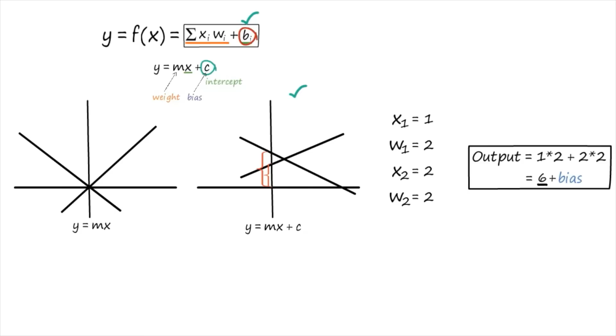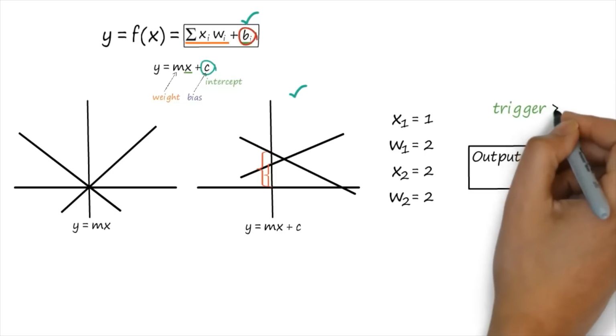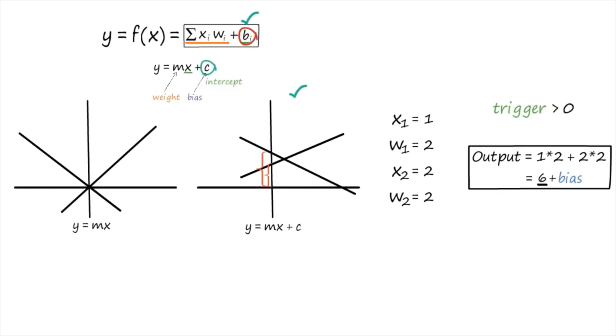It is known as trigger term. Trigger term means it's a threshold value. Say if the trigger value is greater than 0, then only the neuron will fire. Otherwise the neuron will not fire. So this threshold value you can set accordingly. It may happen that if the trigger value is -1, then the neural network will fire, otherwise not.